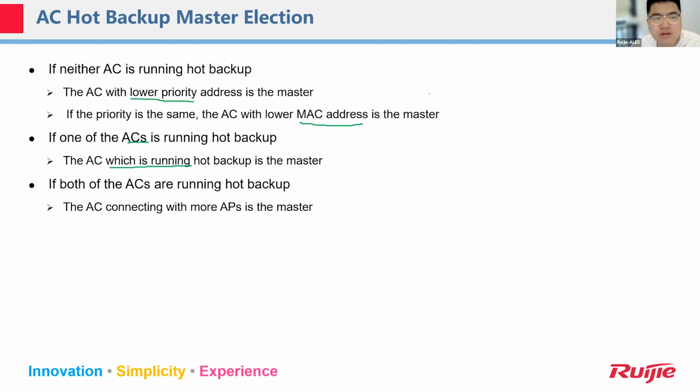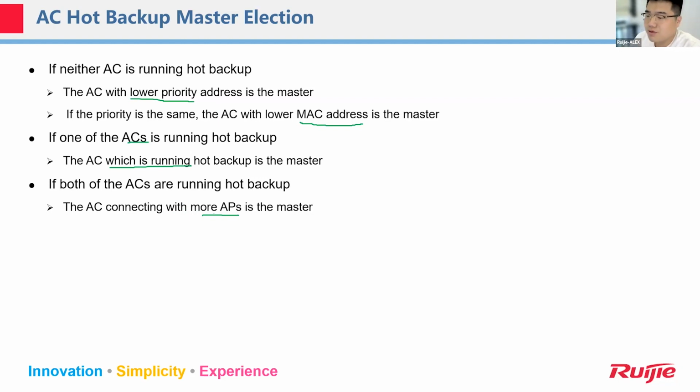It says that if one of the ACs is running hot backup, the AC which is already running hot backup will be the master. While if both of the ACs are running hot backup, what we will compare is the number of APs. The AC connecting with more APs is a master.